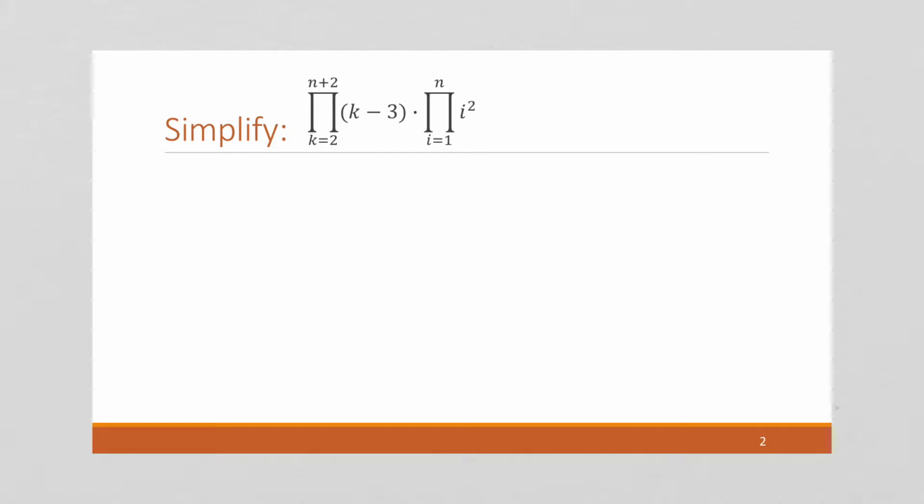The way we're going to need to deal with this is we're going to need to both do a change of variable, and firstly, we need to pull an element off of this product to make these two products have the same number of terms.